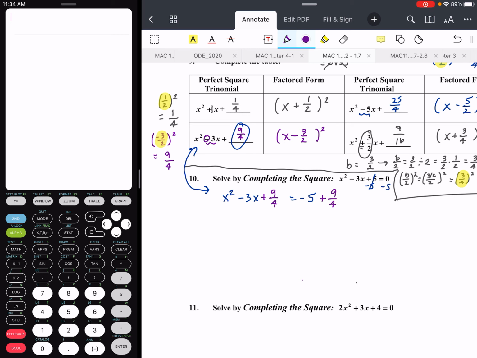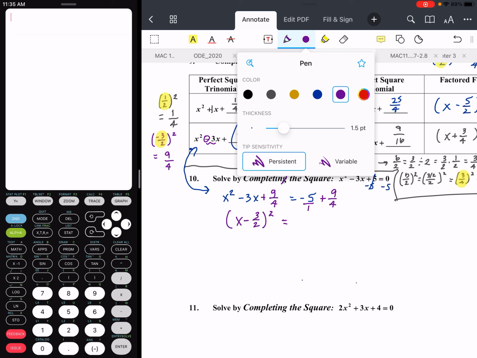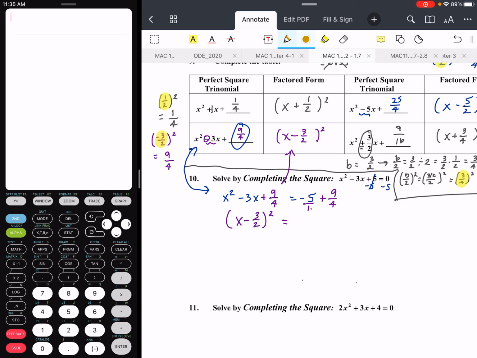And I know from up above that my factored form on the left-hand side will now be (x − 3/2)². So on the right-hand side, I just need to work on adding −5 plus 9/4. Of course, −5, I can make that −5 over 1. And then I need a common denominator, so I can multiply the numerator and denominator by 4.